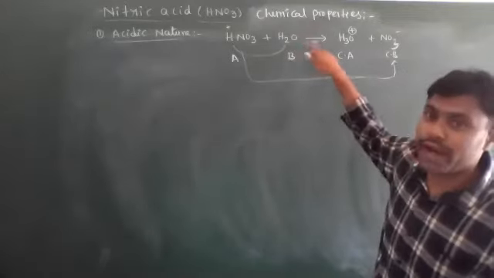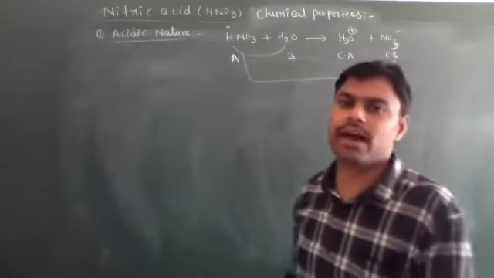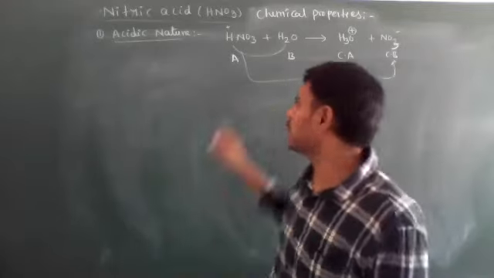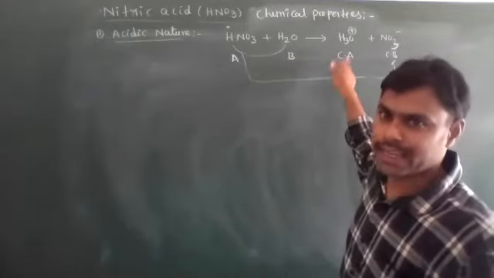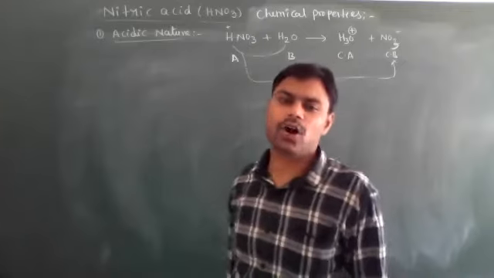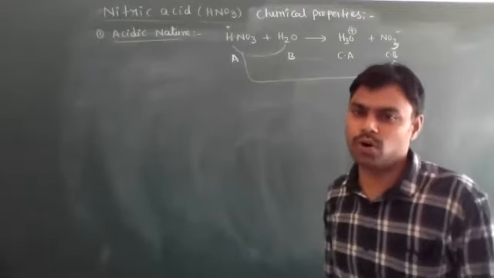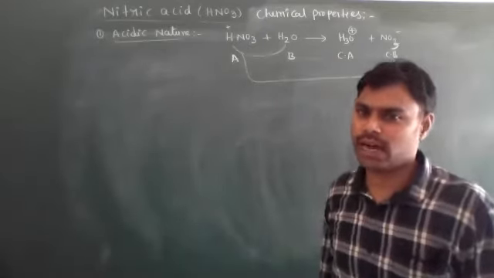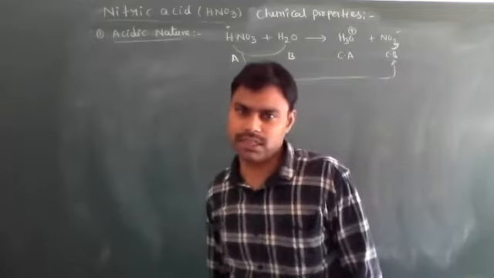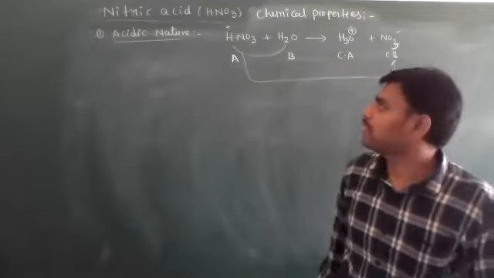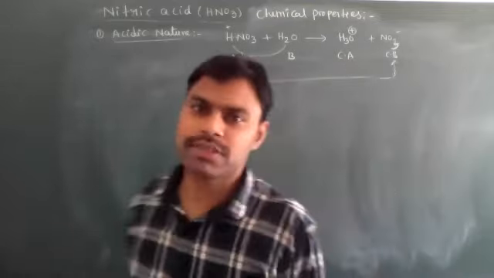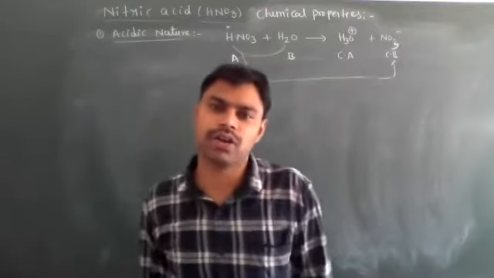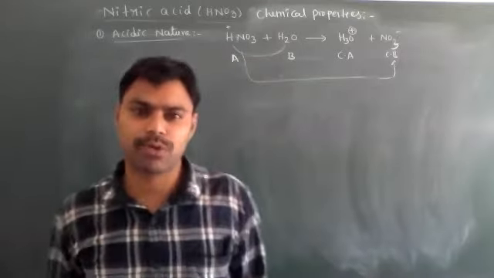And water, H2O, and the hydronium ion H3O+: water is a base and H3O+ is its conjugate acid. We already discussed this in first year. Okay, students, so HNO3 in water forms the hydronium ion, hence it has acidic properties.